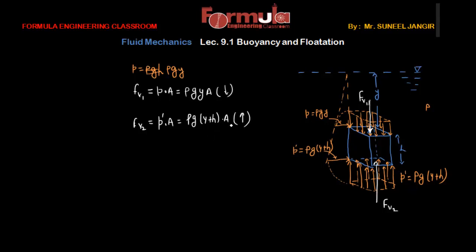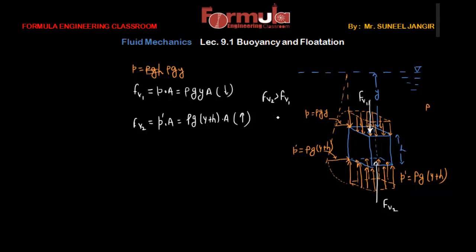So obviously, we can say that FV2 is greater than FV1, because P dash is more than P here and the area is the same.